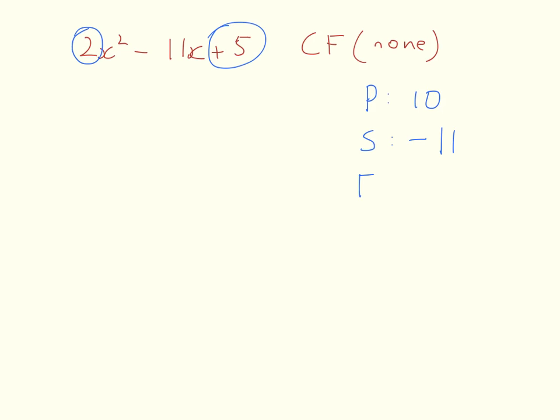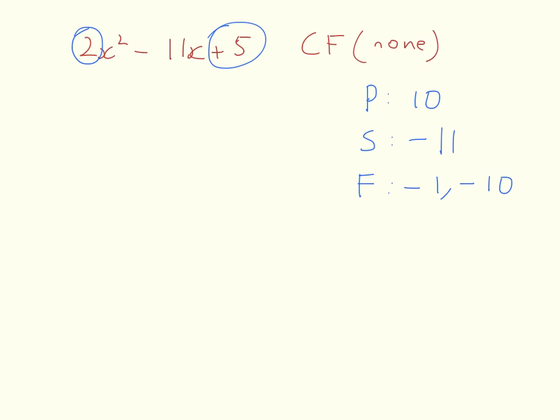All right, well, my factors, what numbers multiply to give 10 and add to give minus 11? Well, my factors are minus 1 and minus 10. If you check those, the product of minus 1 and minus 10 is 10, and the sum of those two numbers is minus 11.